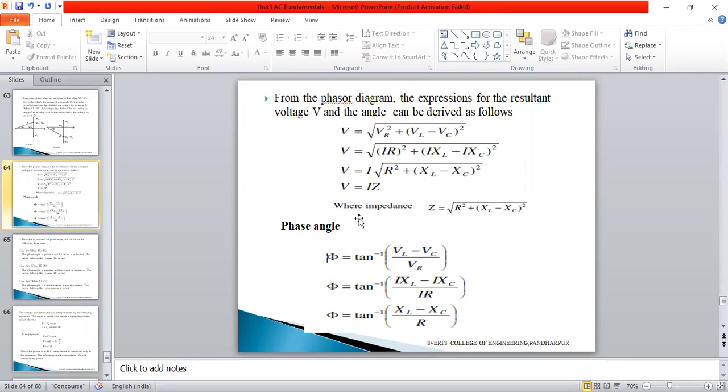Next line, V equal to IZ, where impedance Z equal to square root of R square plus XC minus XL whole square. Write XC minus XL in place of XL minus XC.